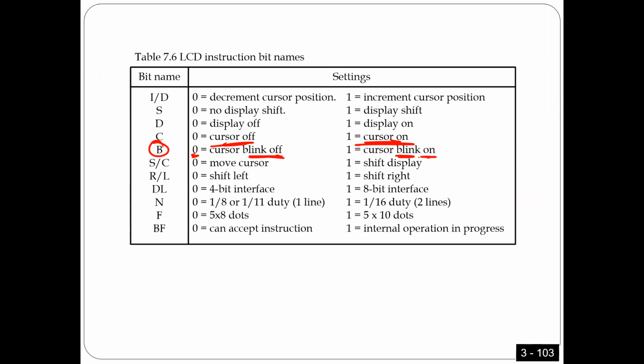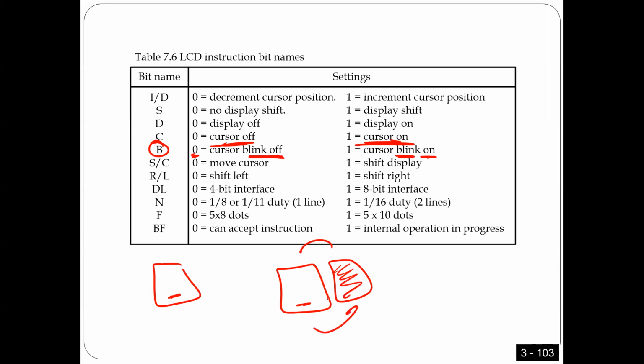Blink is on. So what I mean by blink, again, you have the board. You can try it and see it by yourself, but I'm going to try to explain it. Blinking means if it is not blinking, it's going to be like a cursor this way. If no blinking, you will see like a dash this way, and that's it. If it is blinking, what happens is that you will see dash, and then after a few seconds, it's going to be everything highlighted, and then dash again, blinking.